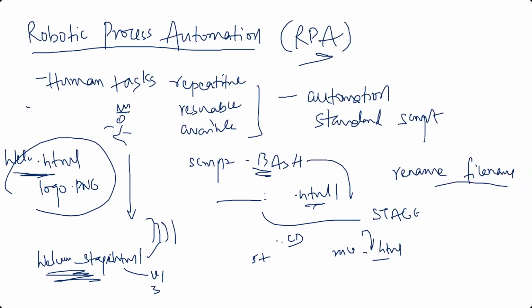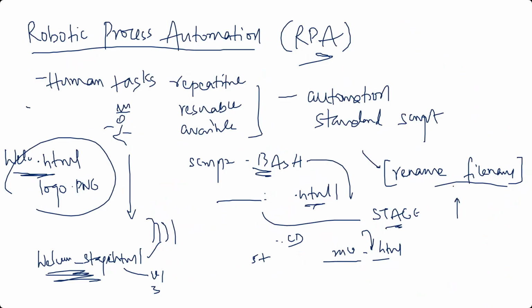So you can write a small sensing script where you can do rename file name. Even if you send a file name as welcome.html, the underlying rename script will sense whether the file is reaching the stage folder or not. Once it reaches there, it will append the file using rename.